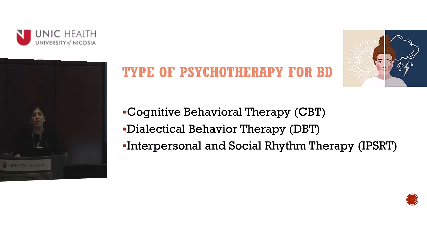It focuses on emotion regulation. And interpersonal and social rhythm therapy is specially designed for bipolar disorder and focuses on regulating daily routines, which helps individuals improve the quality of their lives.